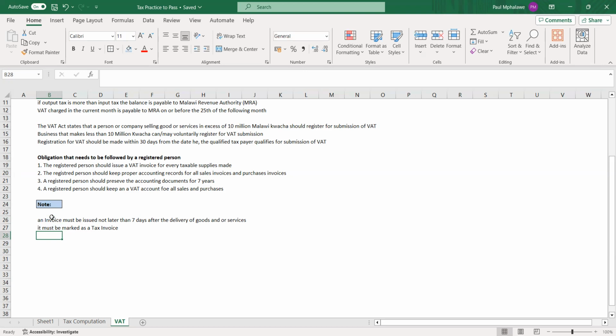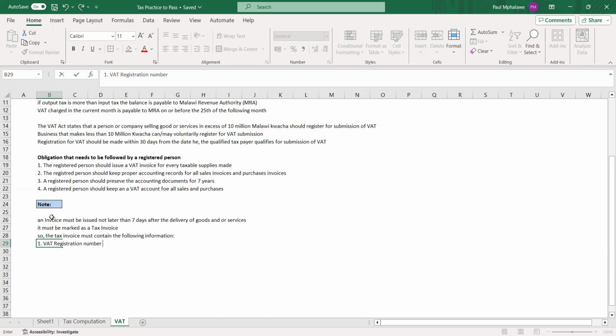Okay, so the tax invoice must contain the following information. Number one, the VAT registration number of you as the seller.